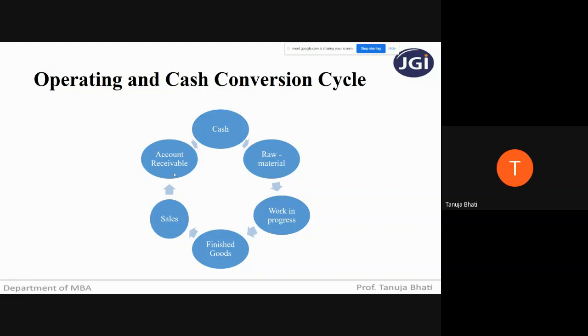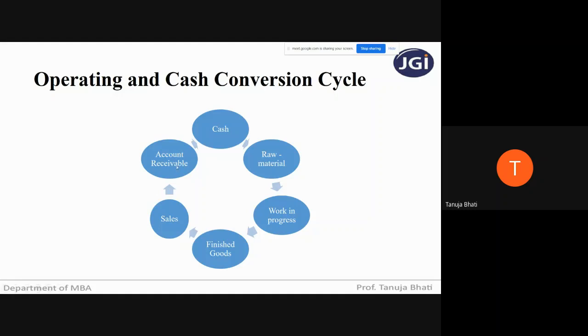Since we have made the sales to them on credit, debtors are persons from whom we have to receive the cash. So if the sales are made on credit, then accounts receivable will come into the picture, that is nothing but debtors or bills receivable. That is the amount which we have to receive at a later period.